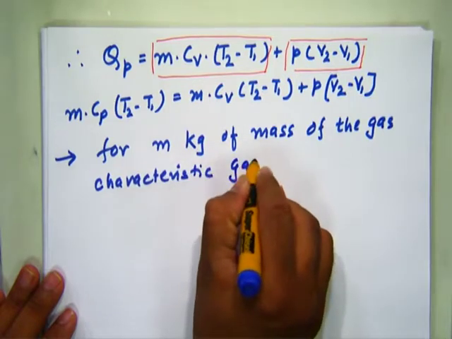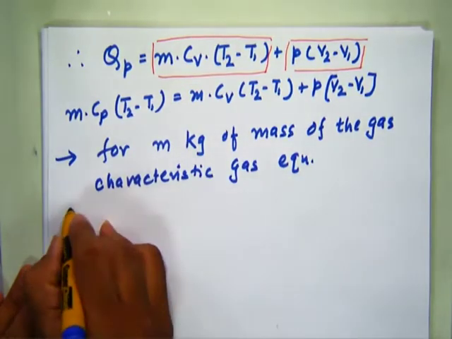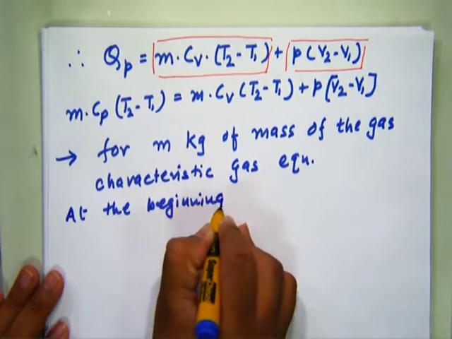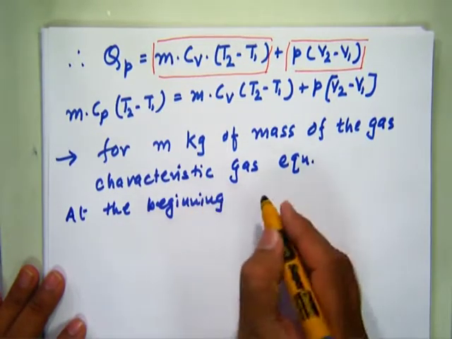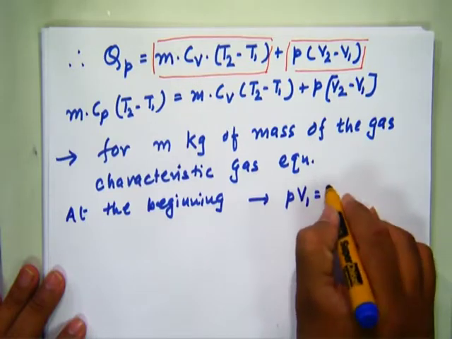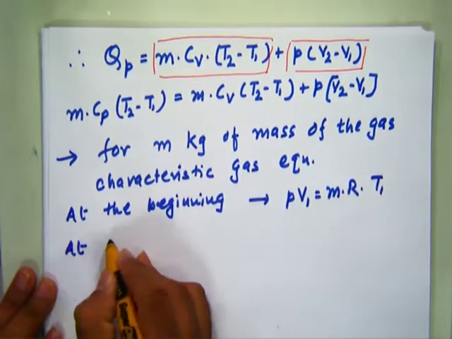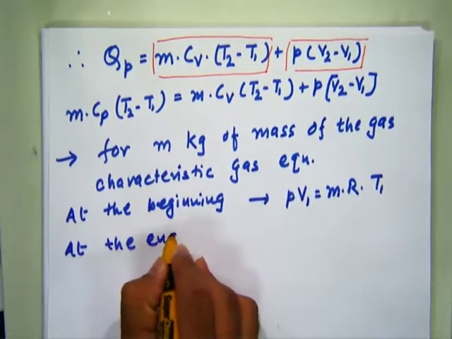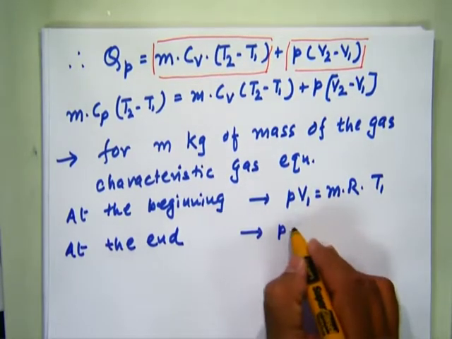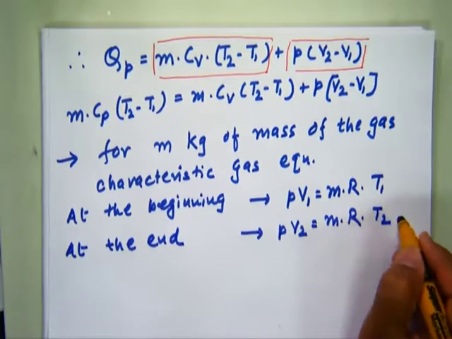At the beginning, it is P into V1 is equal to MR into T1, and at the end of this constant pressure heating, it is P into V2 is equal to MR into T2.